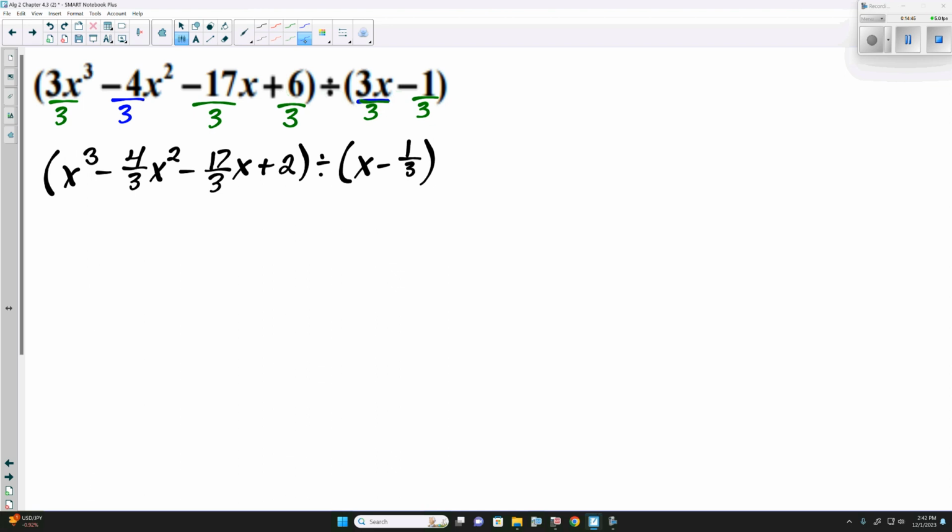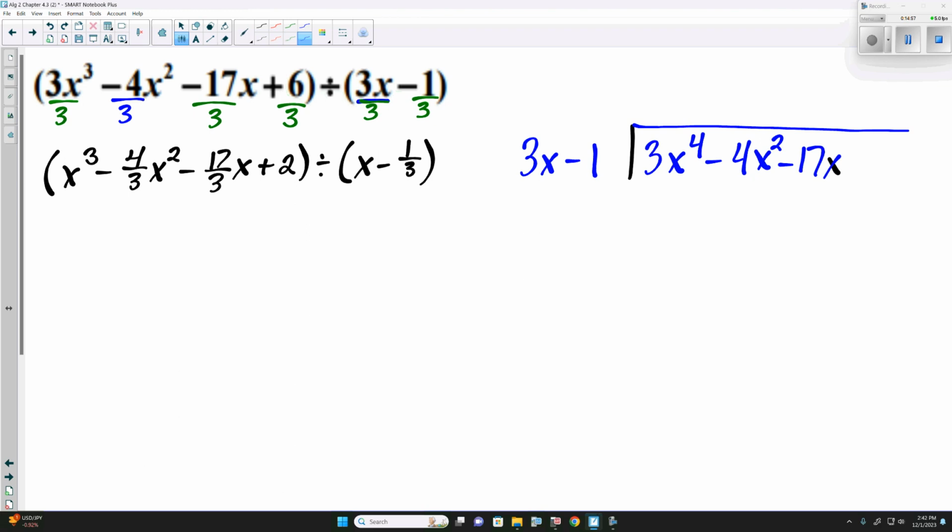Unfortunately, we're not going to do the whole synthetic division or long division. If we went on out and did the first step in long division, what times 3x gives us 3x to the fourth?